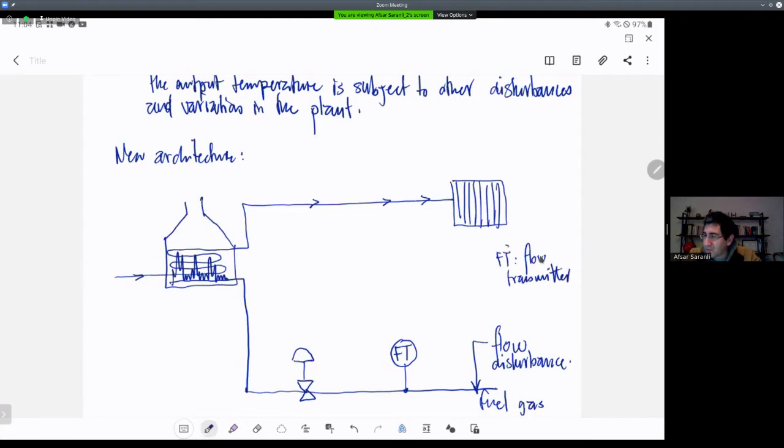You can also read this as a flow transducer, meaning the same thing. So we want to measure this, and we want to have a flow controller, and that's going to close the loop here. FC here is the flow controller.